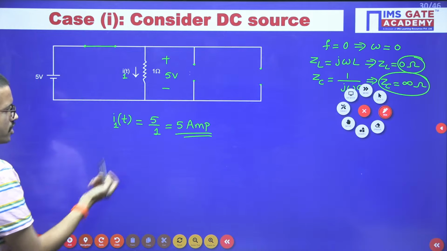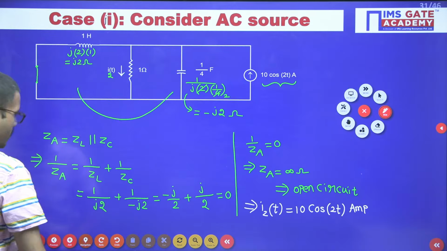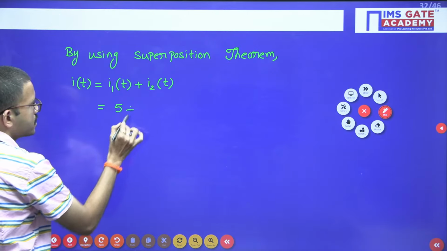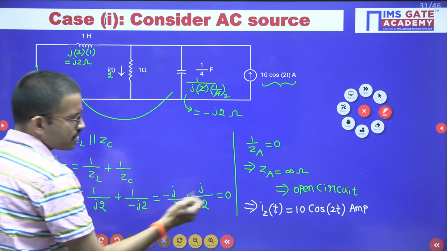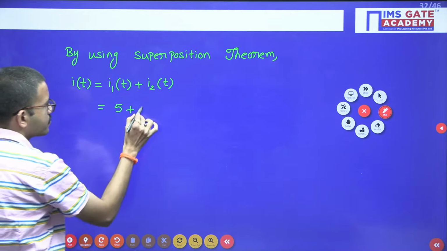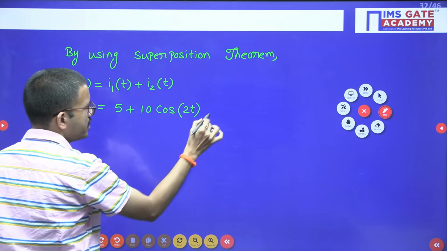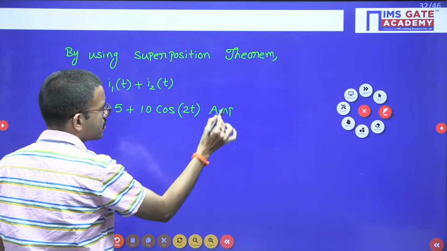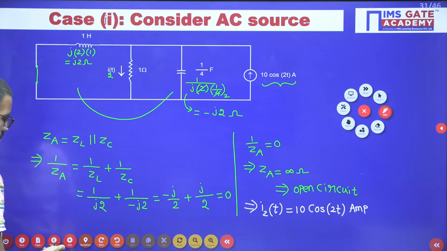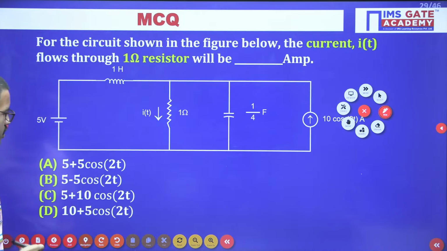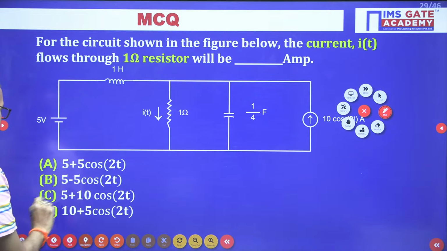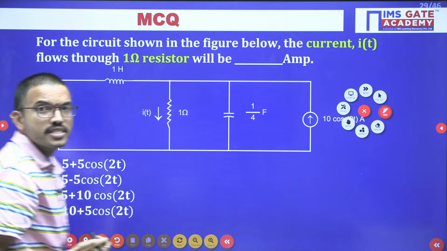In case 1 we got 5 ampere, plus in case 2 just now we got 10 cos 2t ampere. Now you can look at the choices. 5 plus 10 cos 2t ampere. Right, option C is the correct one.